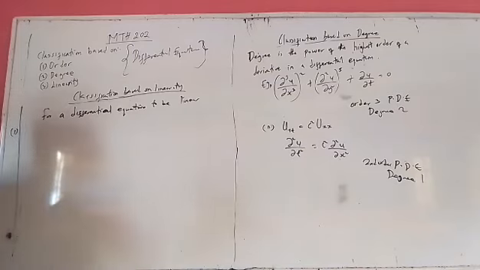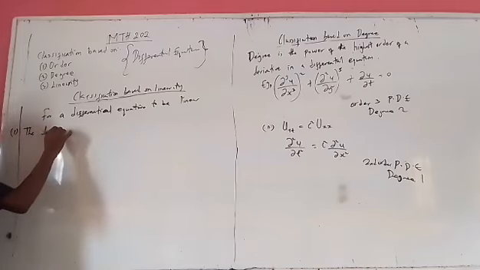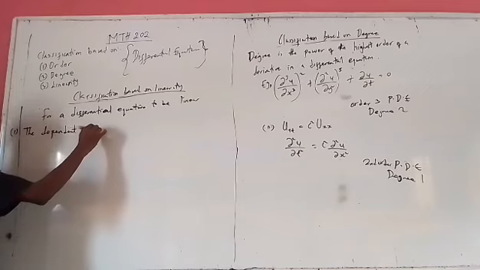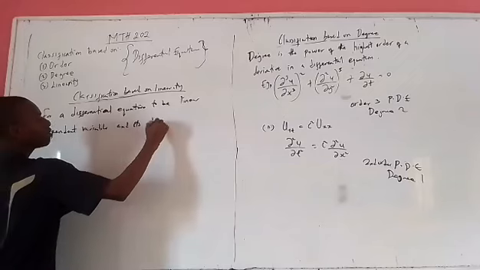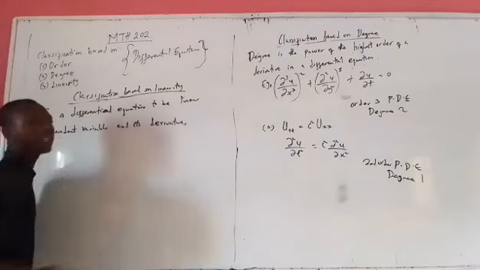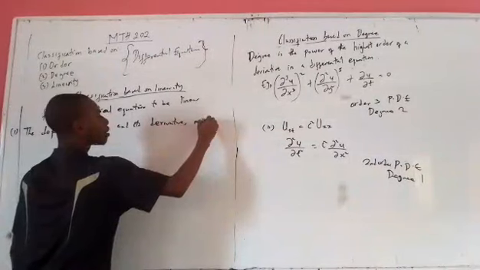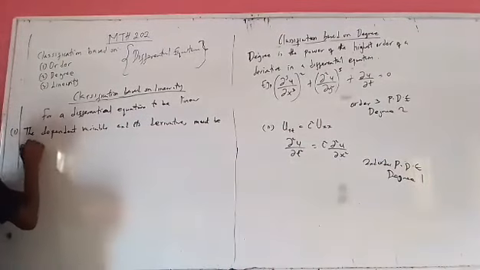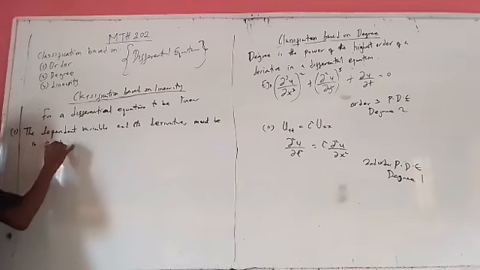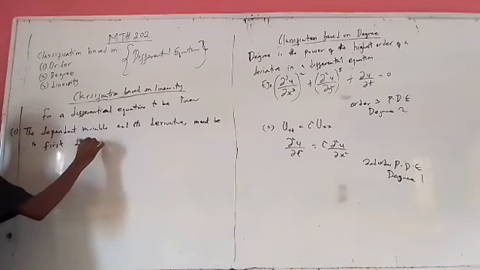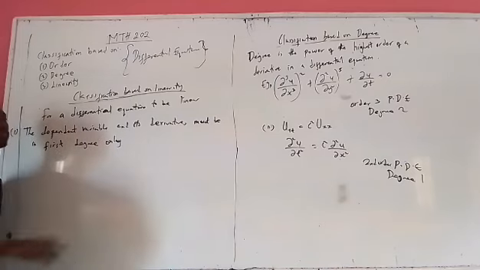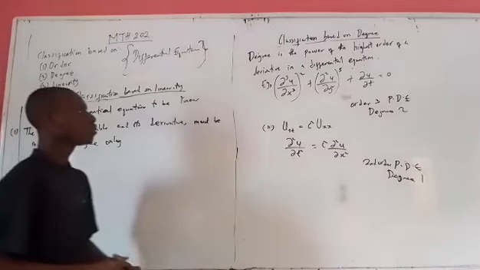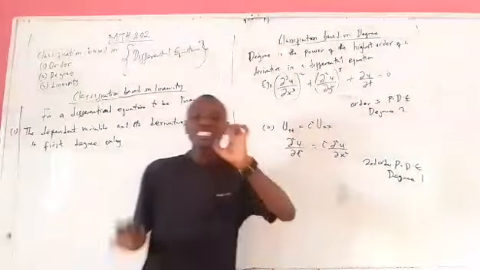The first property is that the dependent variable and its derivative must be first degree only. So not second degree, third degree, fourth degree. It must be degree 1.